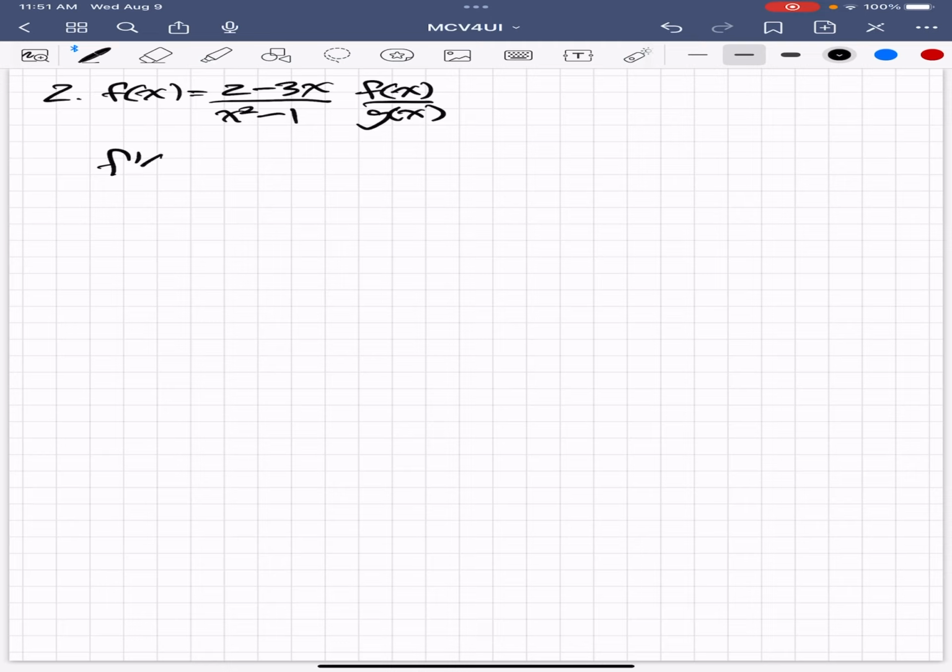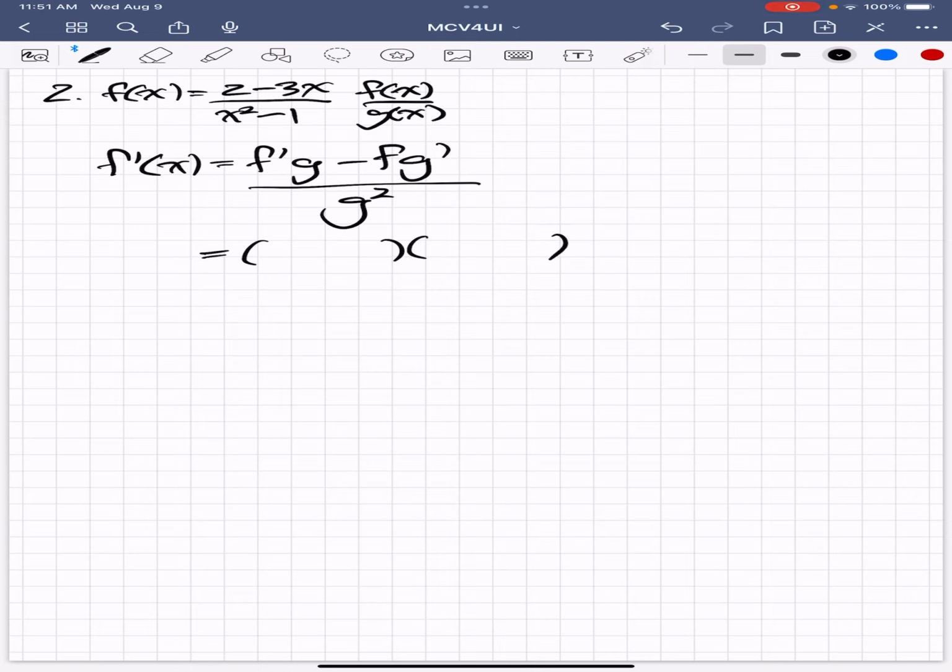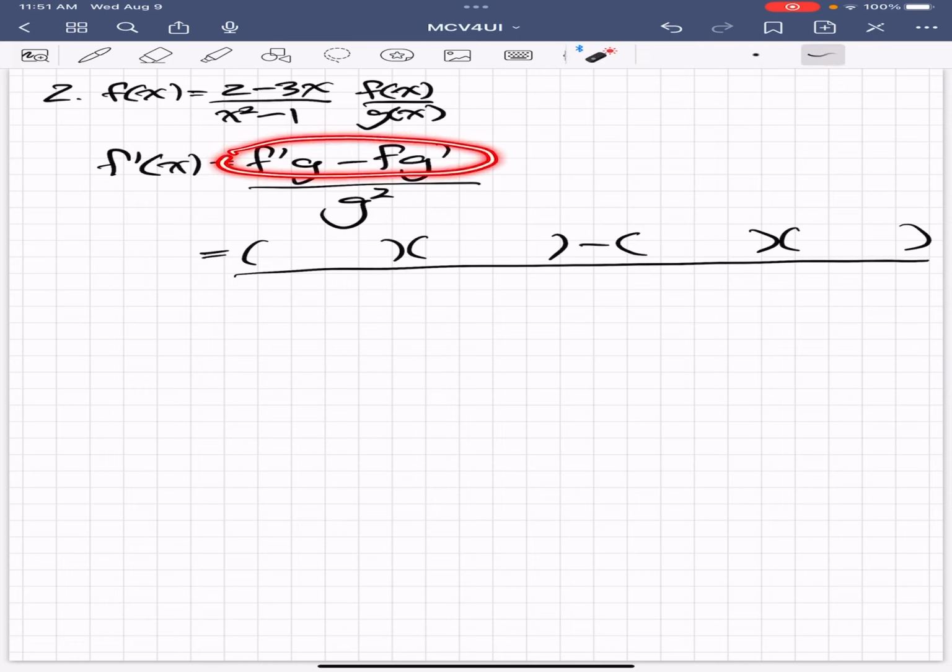So our derivative, again, is the derivative of f multiplied by g, minus f multiplied by the derivative of g, all over g to the power of 2. What I like to do is I like to do 4 bracket spaces in which the derivative will be in all of those.